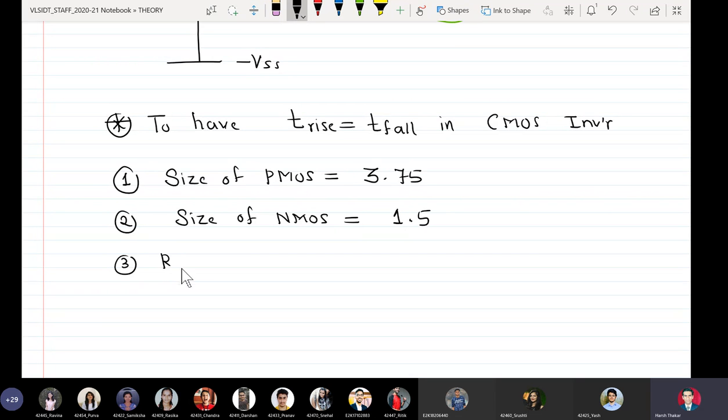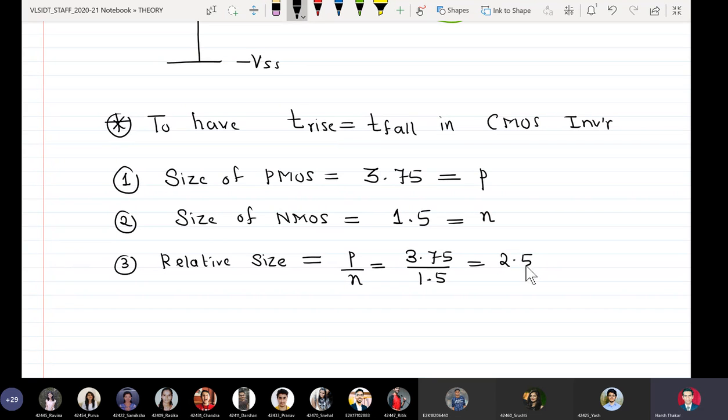The third fact is relative size is equal to, so this is equal to P, this is equal to N, and relative size is equal to P upon N is equal to 3.75 upon 1.5 equal to 2.5. Size of PMOS is 3.75. Size of NMOS is 1.5 and the relative size is 2.5.